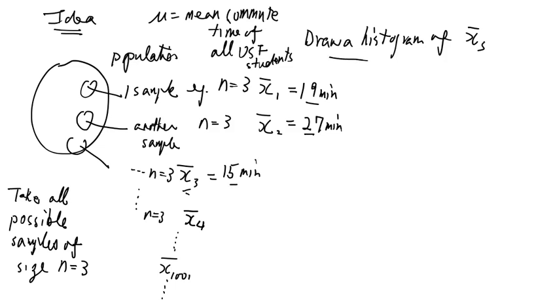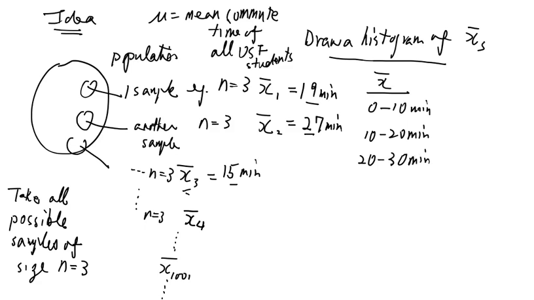So what you can do is draw a histogram of all these numbers. Let's say you have classes from 0 to 10 minutes, from 10 to 20 minutes, from 20 to 30 minutes, and so on and so forth. And then you count how many sample means are within 0 to 10 minutes.